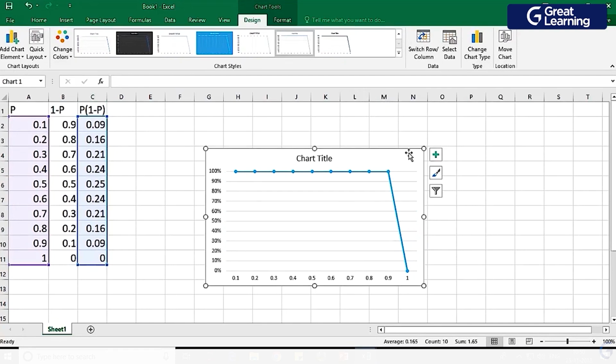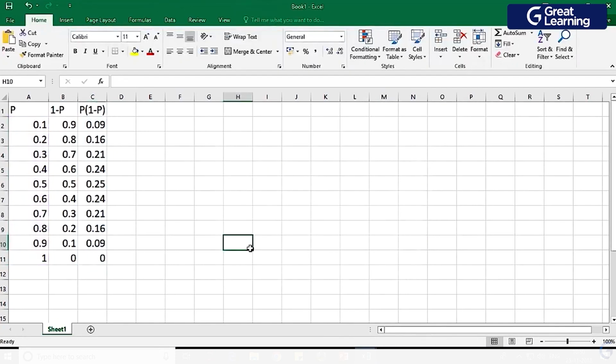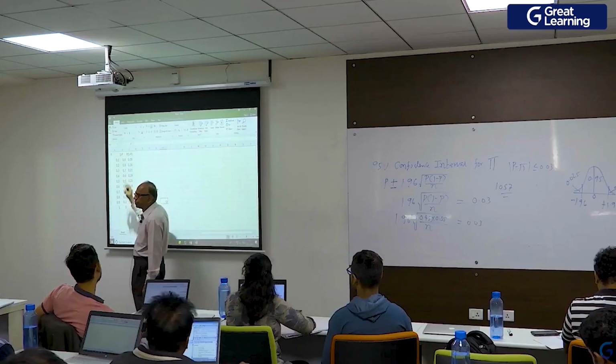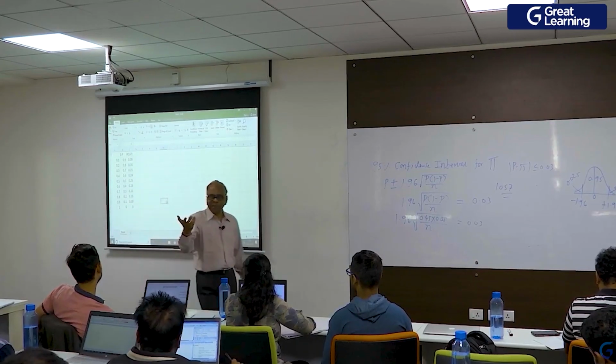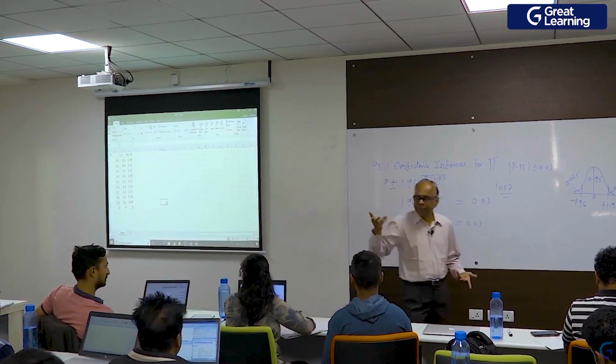Okay, this is incorrectly drawn, doesn't matter, but I have the value here. 0.25 is the maximum. When P is 0.5, P into 1 minus P is 0.25. You can check that, okay? So, if you don't want the calculus, the highest value is 0.25. And there is some symmetry between this, but the highest is 0.25. You can check that. So that means when P is 0.5, I reach the highest. Okay, simple Excel. Even a poetry student can do it with a graph.